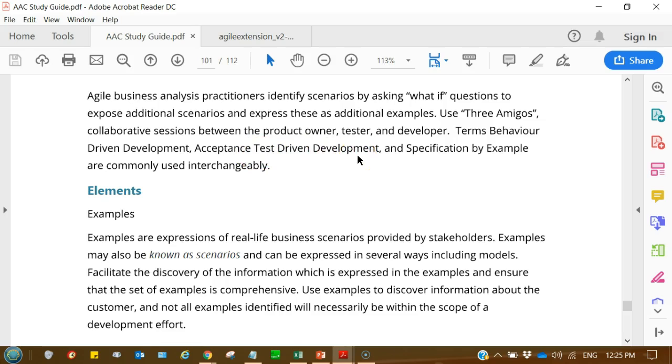A quality assurance team could use test-driven development, or a development function that has a quality assurance team could use test-driven development, where the quality assurance people would be working based on their understanding of the requirements to create test cases for the developers. And that would be slightly different from acceptance test-driven development, since acceptance test-driven development is really about, does the solution allow me to do my job? Not, does the solution function correctly?